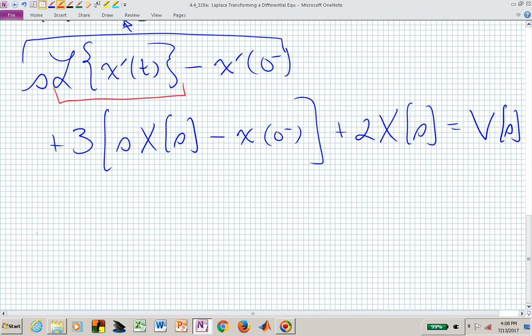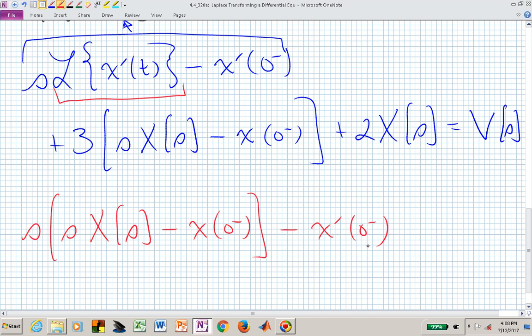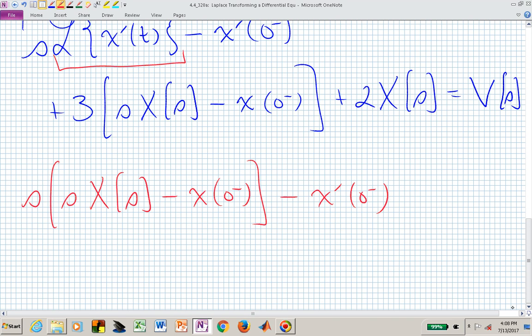We now take s times the Laplace transform of the derivative, which is s capital X of s minus x of 0 minus, minus x prime of 0 minus. That's all coming to us from the second derivative term of x.